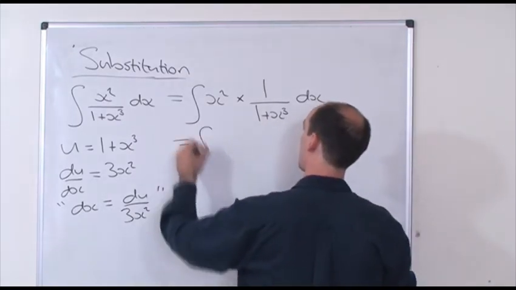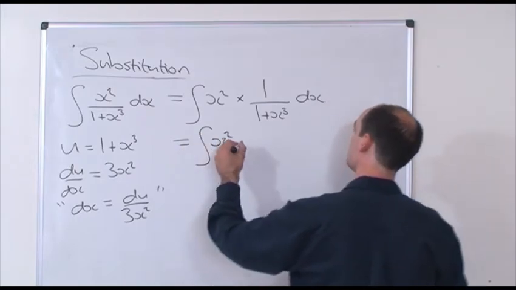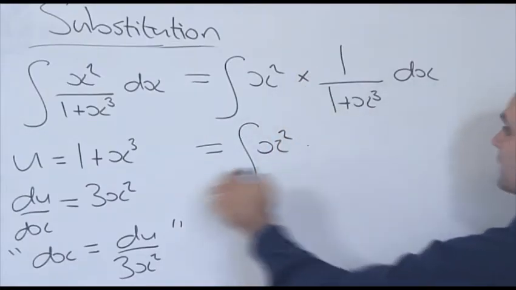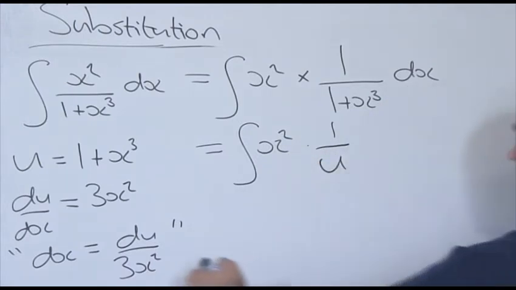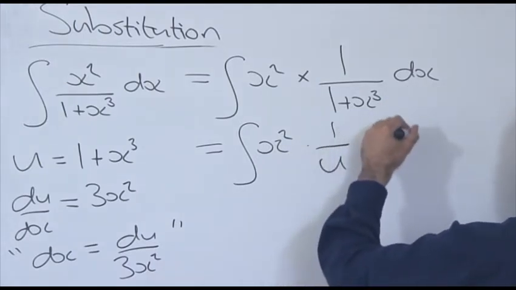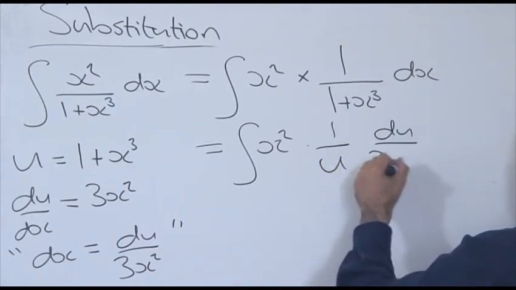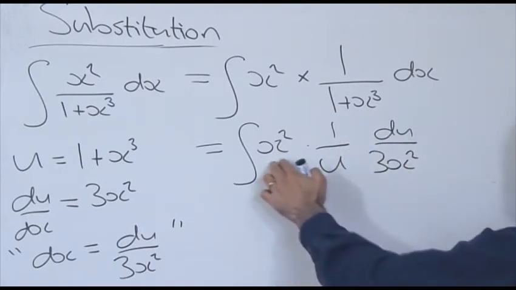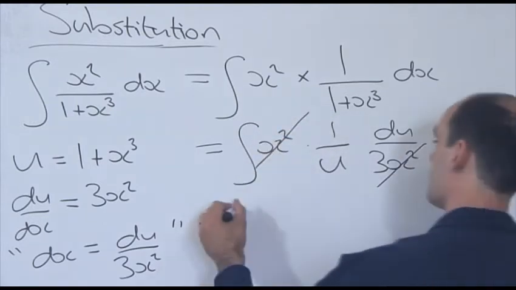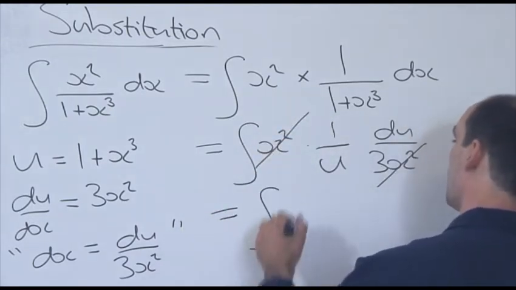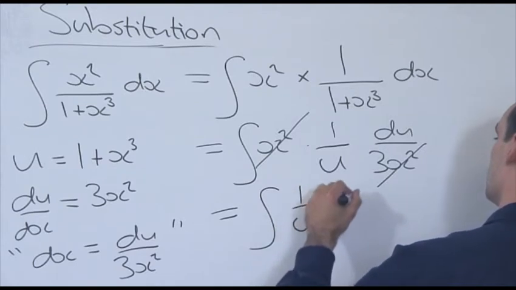So I'm going to leave the x squared where it is. 1 plus x cubed is the same as u, so I've got 1 over u. And the dx I can replace by du divided by 3x squared. And you see the nice thing is the x squareds cancel. And so I'm left with the integral of 1 over u du.